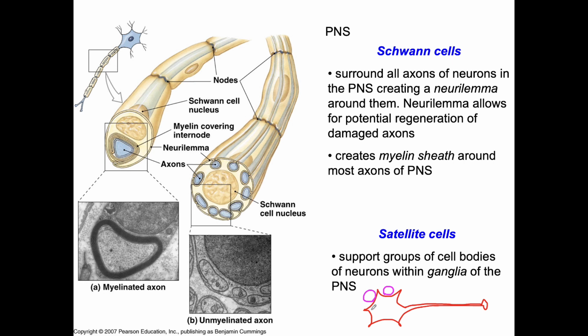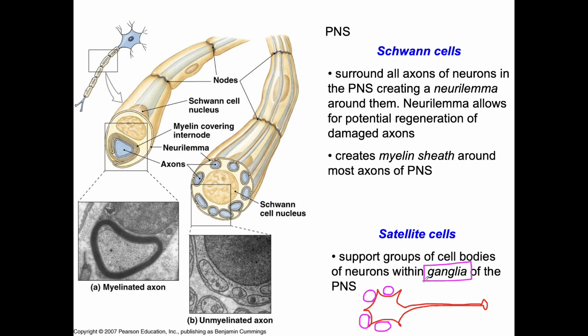They are not found around the axons. And satellite cells do basically everything for the PNS neurons. They provide nutrients, they help to develop scar tissue if this cell gets damaged, and they maintain the salt gradient in the surrounding environment. Now there's a term here.